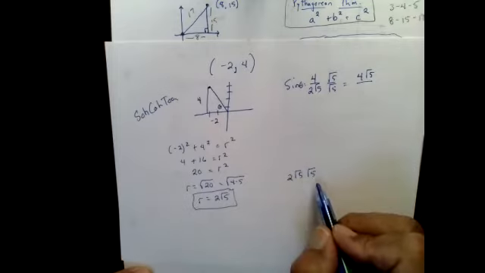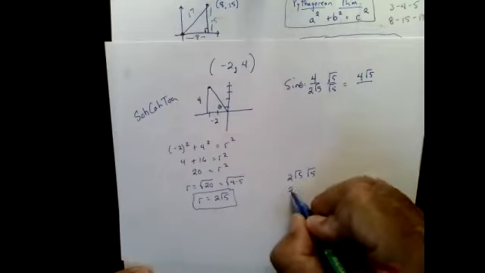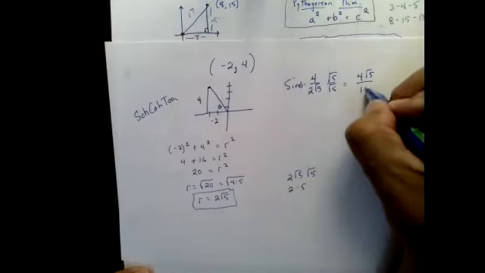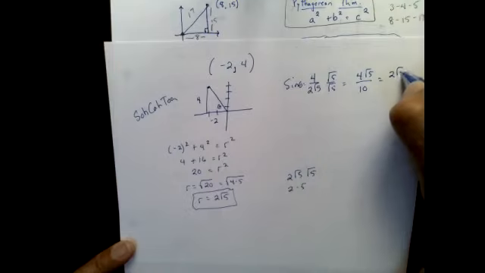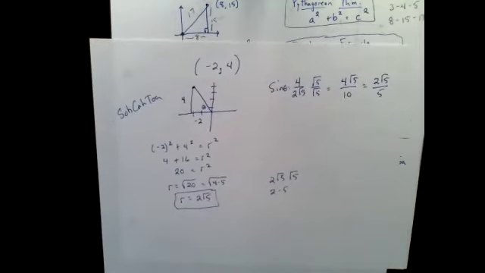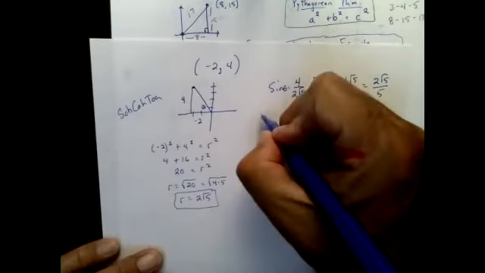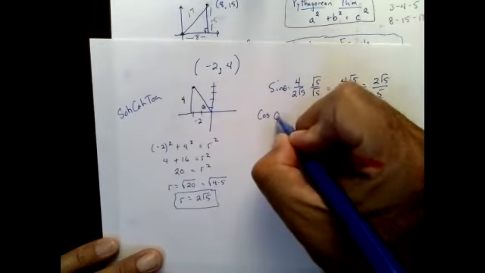Yeah. Square root of 5 times the square root of 5 just becomes 5. 2 times 5 is 10. And then I have to simplify it. Goodness gracious. 2 square root of 5 over 5. Better leave a little more room this time.